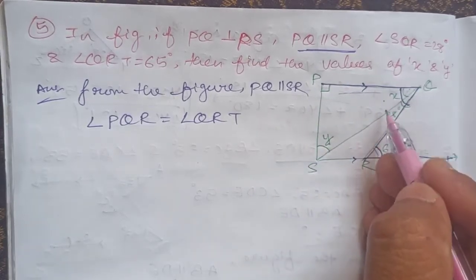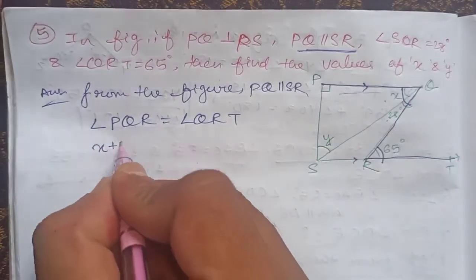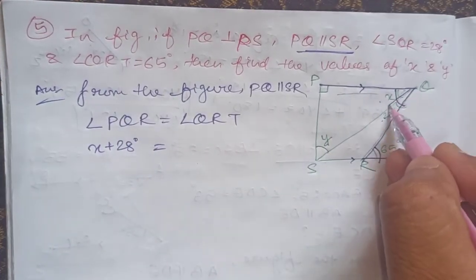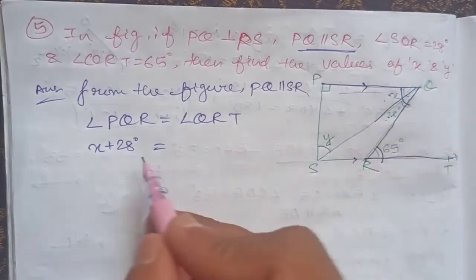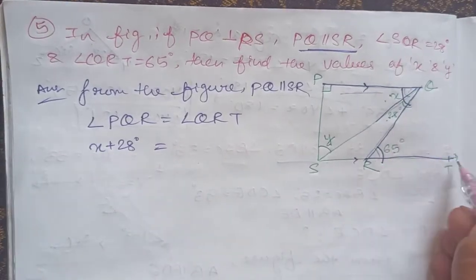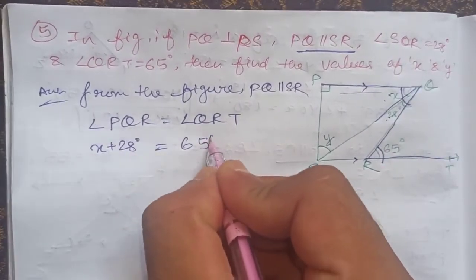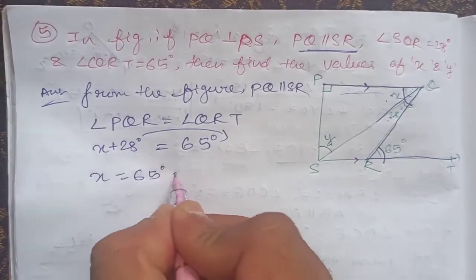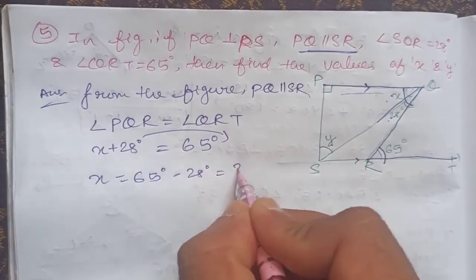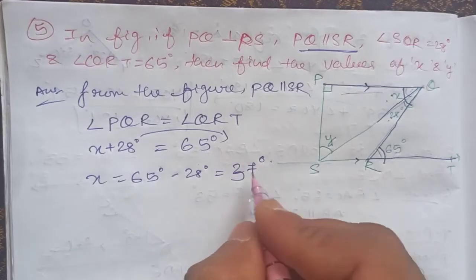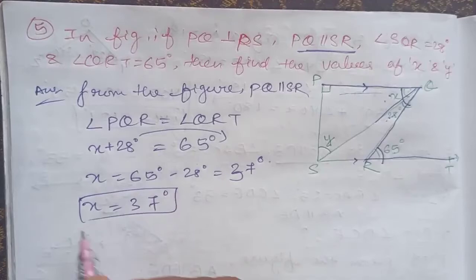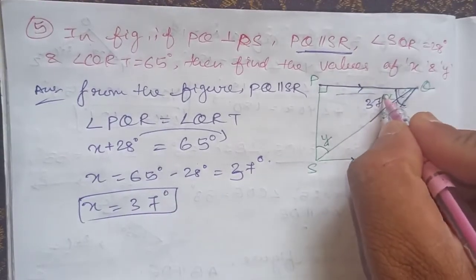PQR is cut into two parts, that is X plus 28 degrees. This angle is cut into two parts, this plus this, that is X plus 28. QRT is 65 degrees. Bring 28 to this side. X equals 65 minus 28 degrees. It will be 37 degrees. So the value of X we got is 37 degrees. I am writing here 37 degrees.